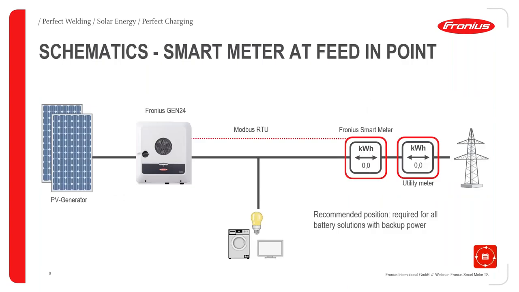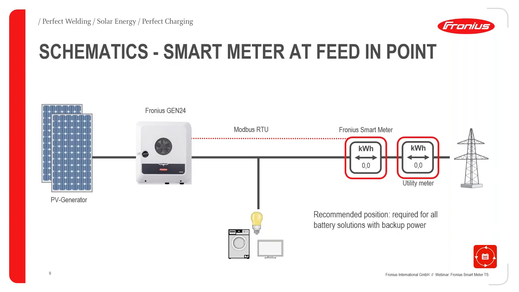So then, of course, there are different ways to install it, or actually the location can differ. Whether you want it on the feed-in point, like it is shown here, this is actually the recommendation for positioning the Fronius Smart Meter. So we are coming from the grid, from the right here. And first of all, we have, of course, our utility meter as usual. And then after the utility meter, there is usually a sort of post meter protection, like a fusing in between.